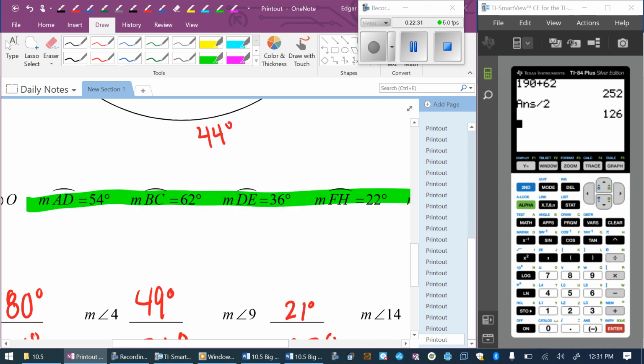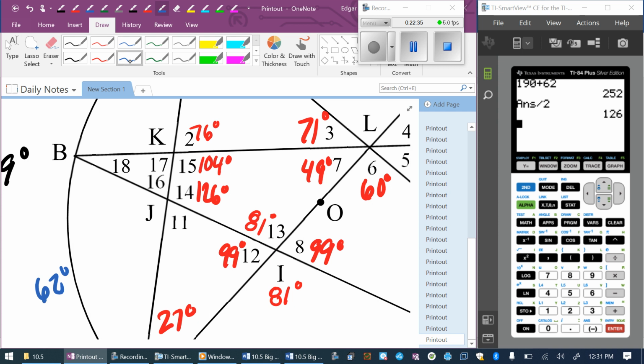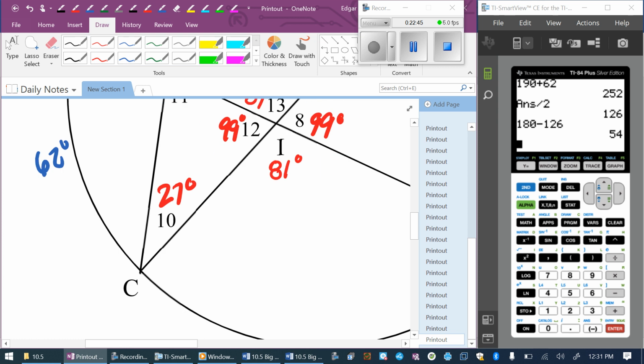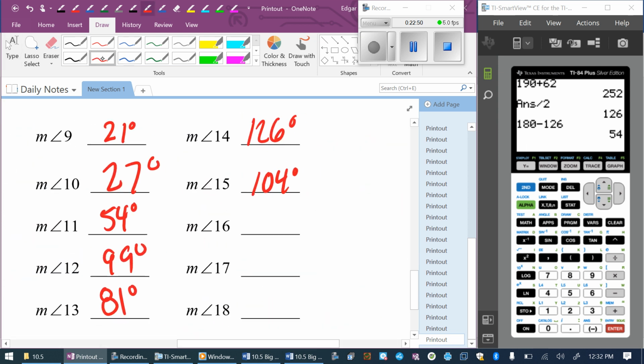We move on to measure of angle 16. And look at that, another set of supplementary angles here because they create a linear pair. So that's going to be 180 minus 126. That's going to give you 54. So we're getting much closer here. 54 degrees.